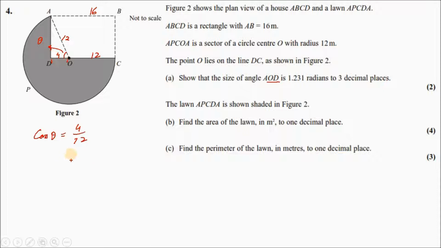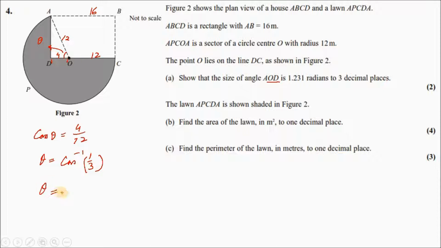And then theta is equal to cos inverse of 4 upon 12, or 1 upon 3, because 4 divided by 12 is 1 upon 3. And then you can find theta here, just find the cos inverse.